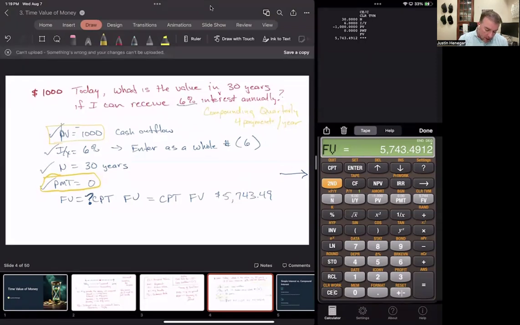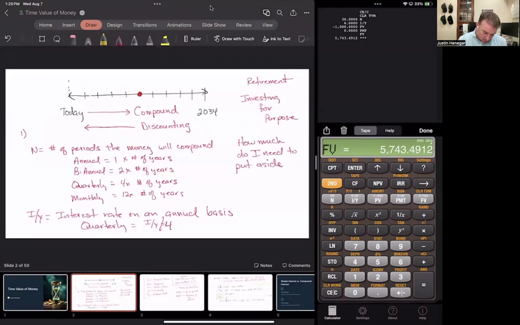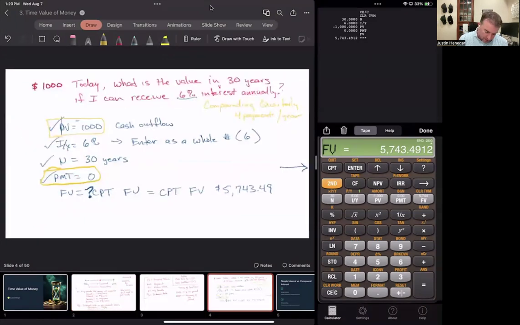Okay. Our interest rate. This interest rate was given to us on an annual basis. So if you recall back on the previous slide, what did we have to do? Quarterly. We have to divide our interest rate by 4.